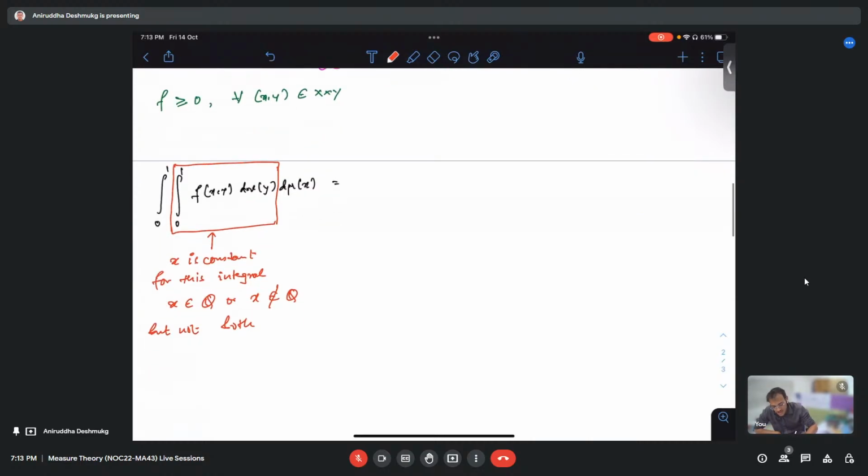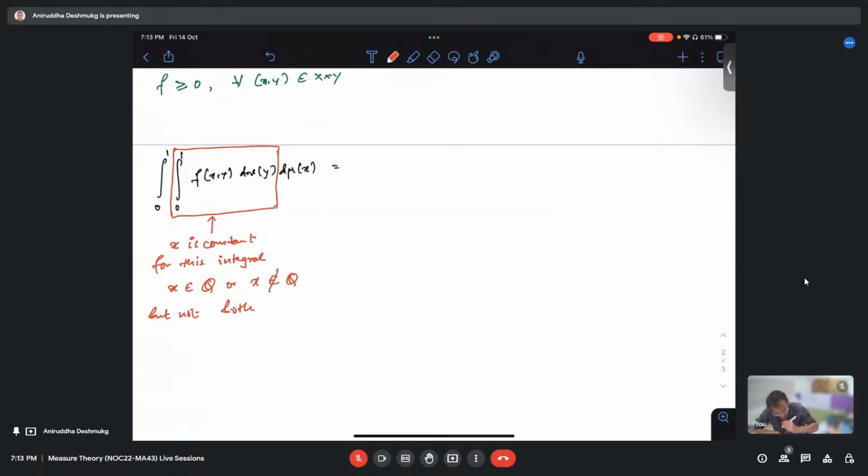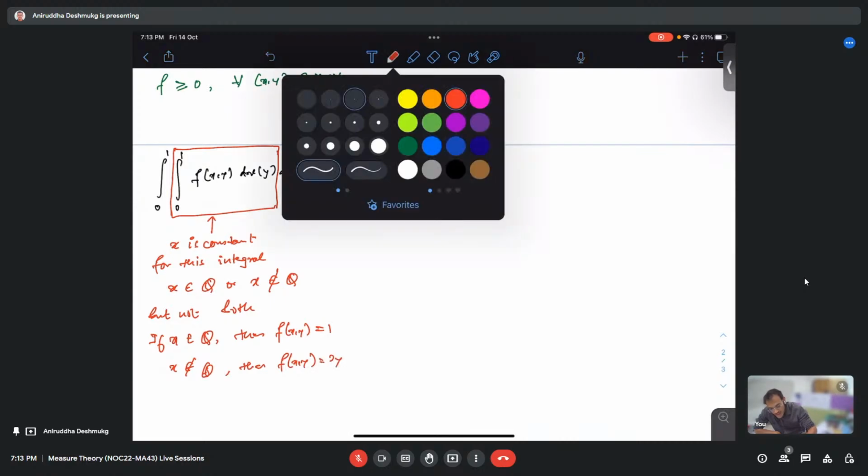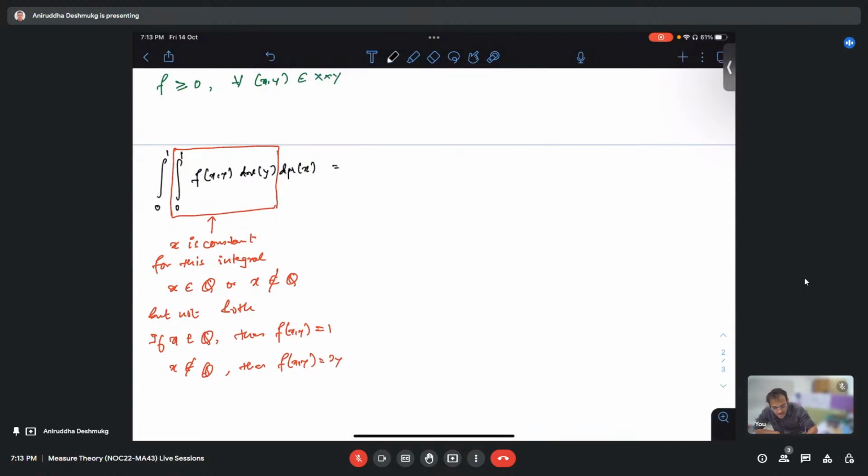So either x is rational or x is irrational. If x is rational, then f(x, y) is going to be 1. If x is not a rational number, if it is irrational, then f(x, y) is going to be 2y.